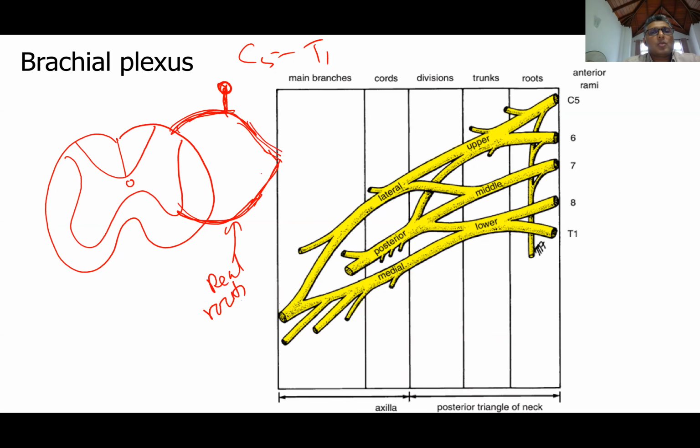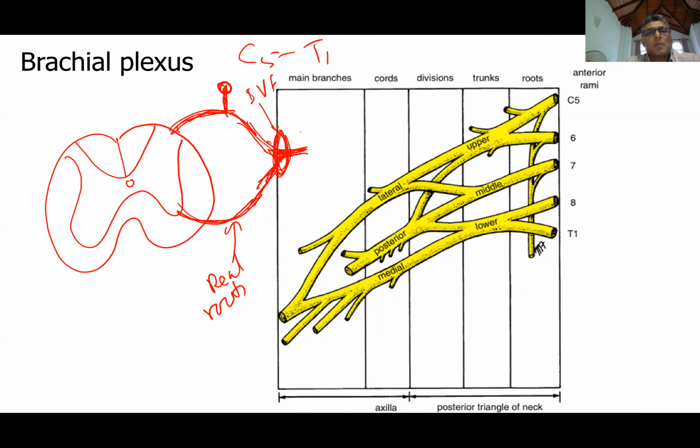Okay, and they join, and roughly, anatomically, this is the intervertebral foramen area. So you have a vertebra above and a vertebra below, and this is formed by the vertebral arches. So the nerve that is formed here is called the spinal nerve.